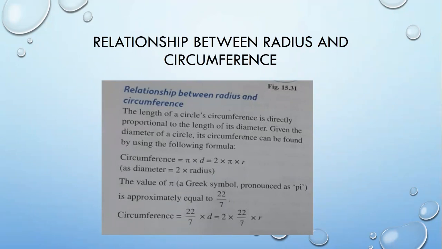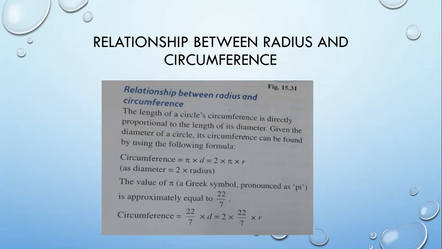Circumference is equal to pi d. What is the value of pi? It is 22 upon 7. So the symbol of pi you can see here, and you must have studied this in standard 5th also. So pi d means 2 pi r, because d is equal to 2 into r. So what will be the formula for circumference?